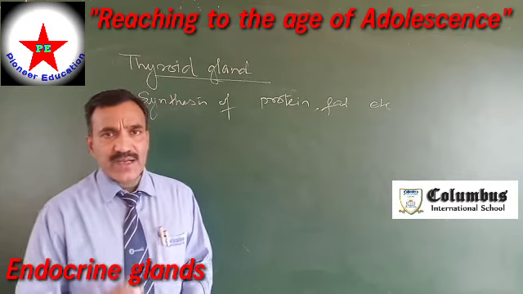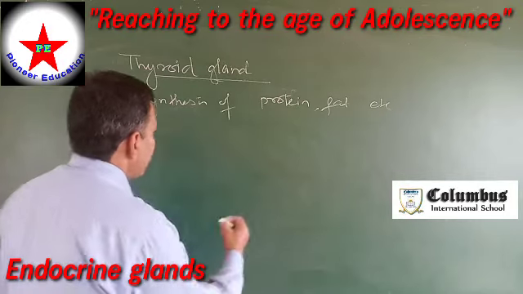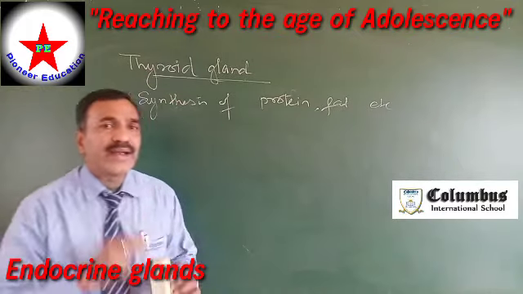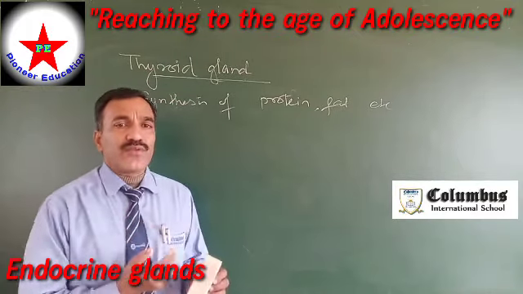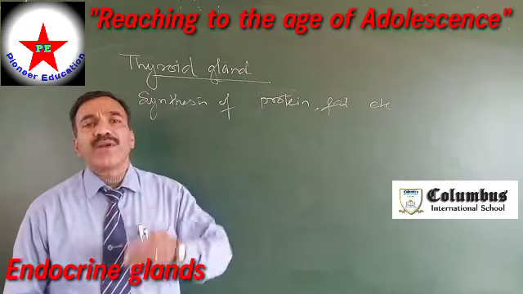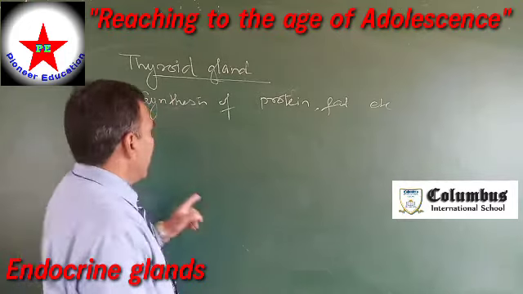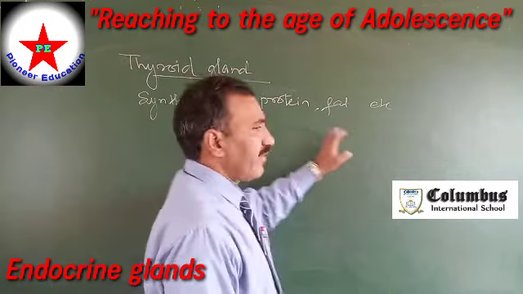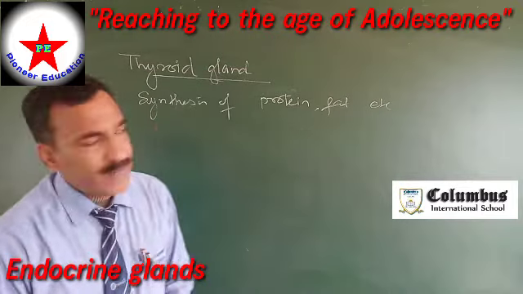Deficiency of iodine influences the function of the thyroid and leads to goiter, which is simply the enlargement of the thyroid gland. The thyroid gland regulates the synthesis of protein and fat in our body.